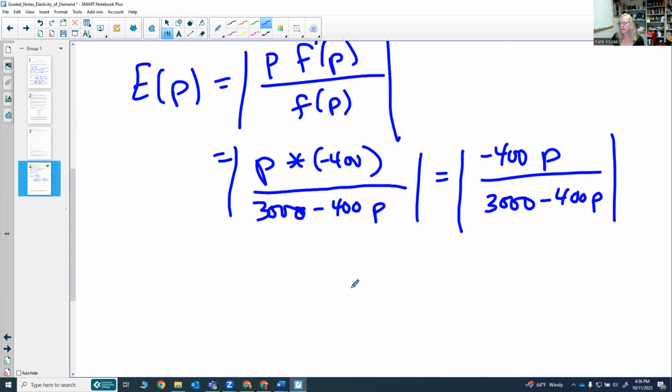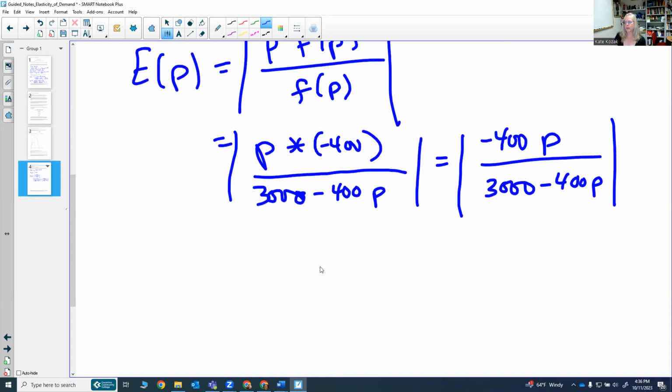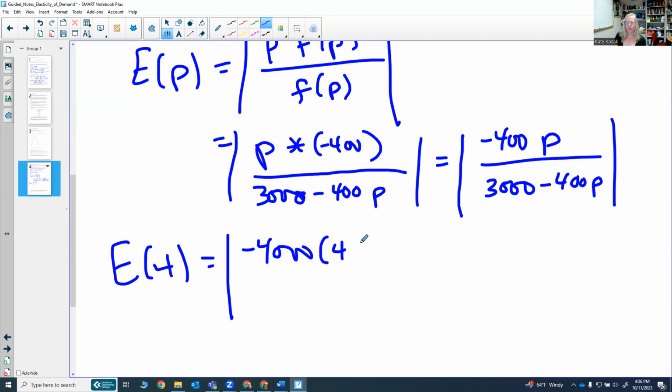Now, look at this for a hamburger that costs $4. So E of 4 is what we want. That will be the absolute value of negative 400 times 4 over 3,000 minus 400 times 4.